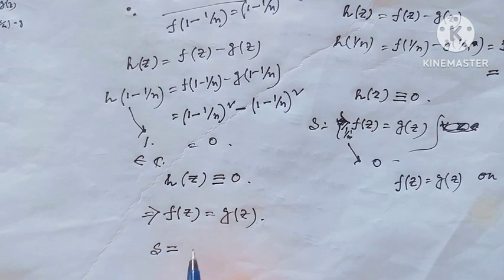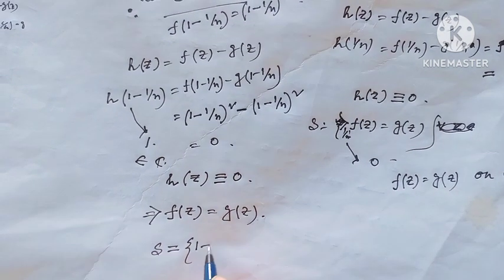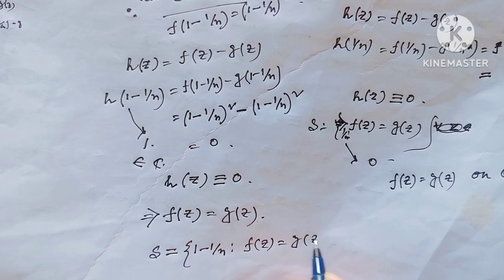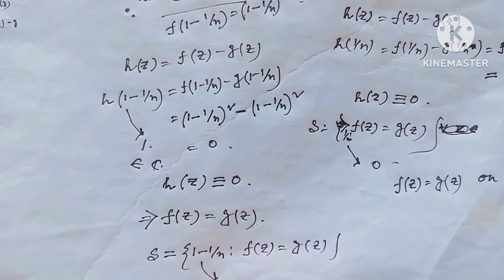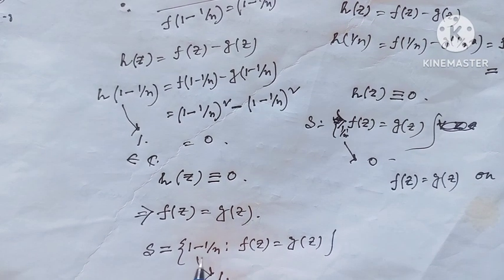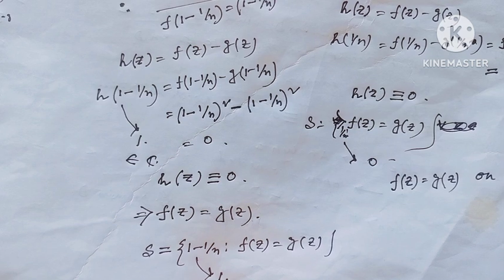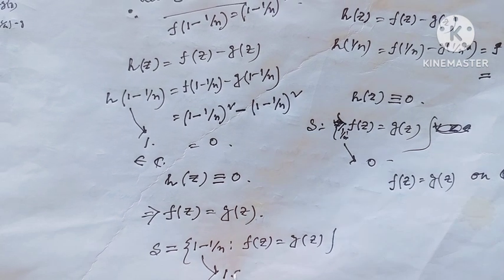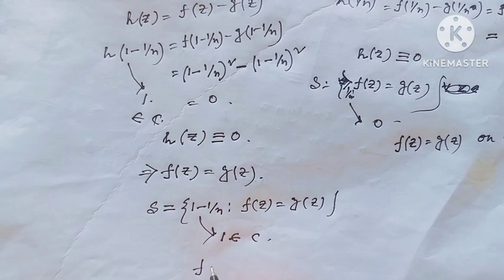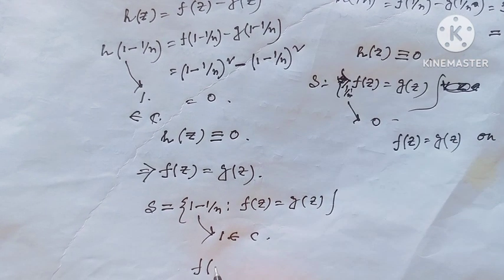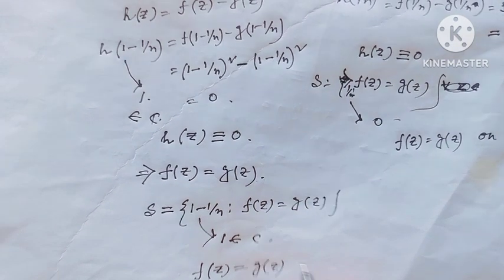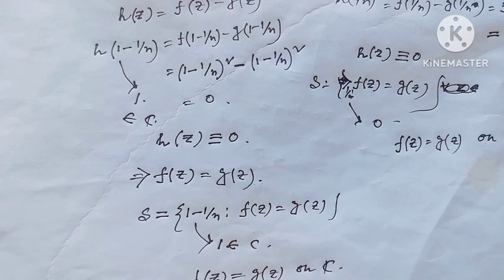If we consider the set S equal to 1 minus 1 over n such that f(z) equal to g(z), for this sequence the limit point is 1. Since the limit point belongs to the complex numbers, obviously we can extend it: f(z) equal to g(z) on the whole complex plane.